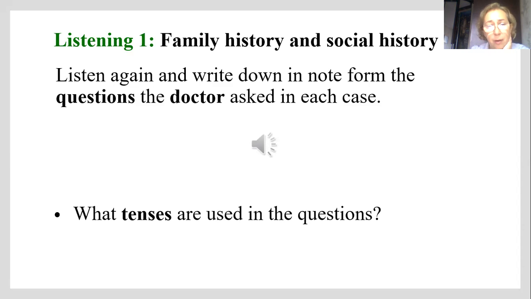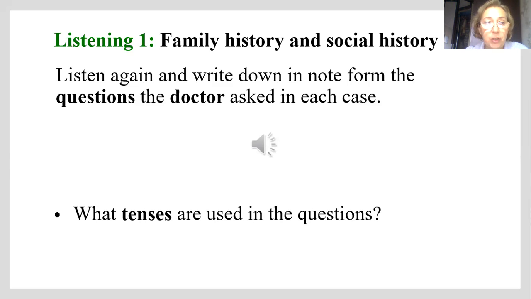And which tenses are used in the questions? Grammar tenses. When the doctor asks about the present condition, the present situation, he uses, of course, present simple, right?